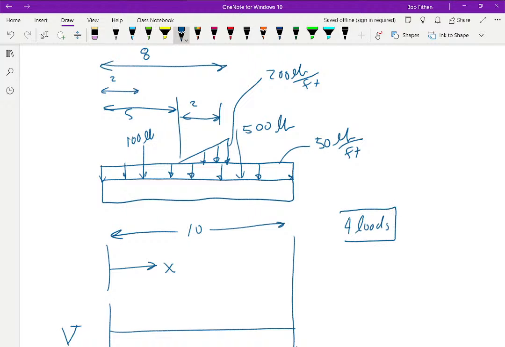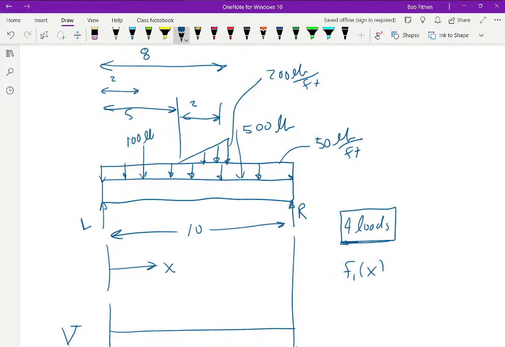I do have reaction loads here. I'll call this the L, and I'll call this the R. But I'm going to deal with those in a minute. Normally you would deal with these first, but since I'm using MATLAB, I'll do that later.